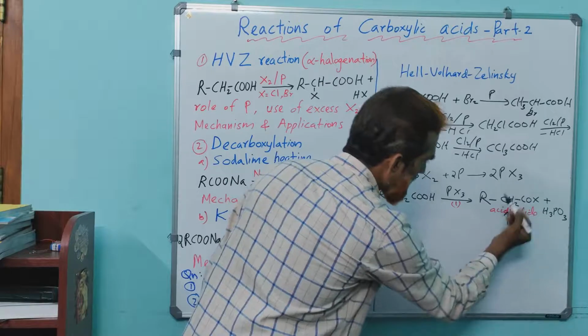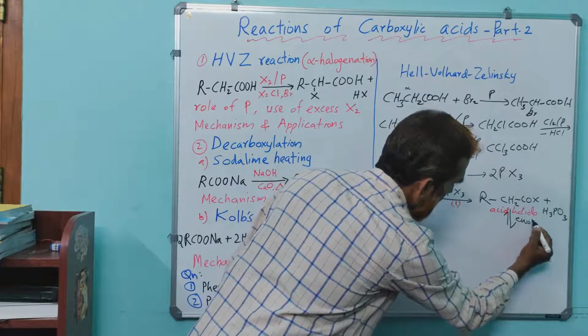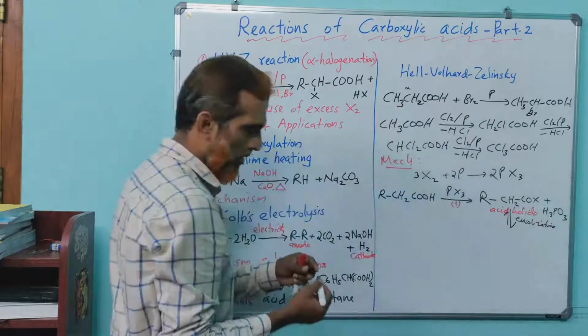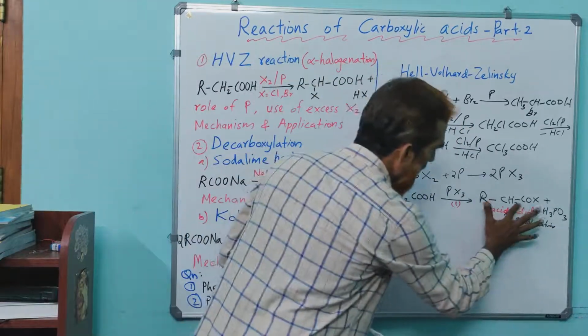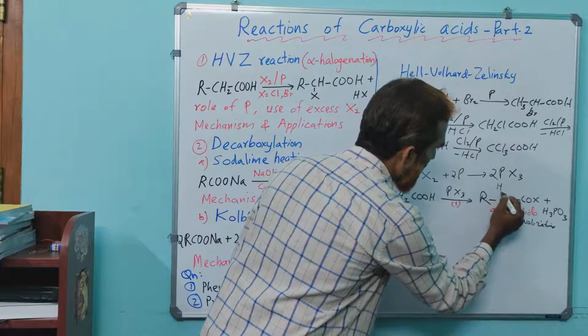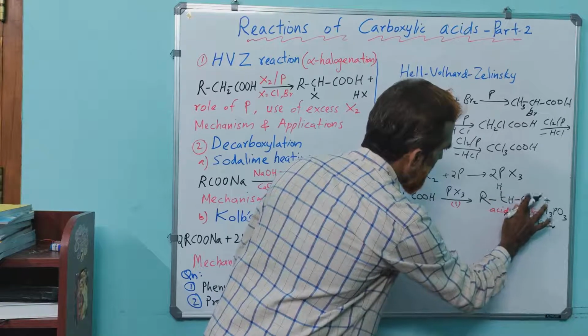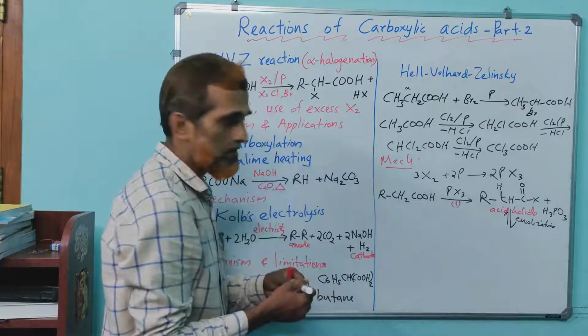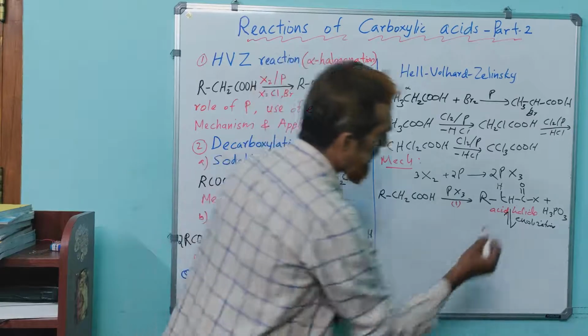So what happens is this undergoes enolization. This is the keto form, right? And what is the enol form? To understand that, let me write this in this way. H is shown separately, and this CO group also can be shown separately like this. So you know what happens in this enolization.